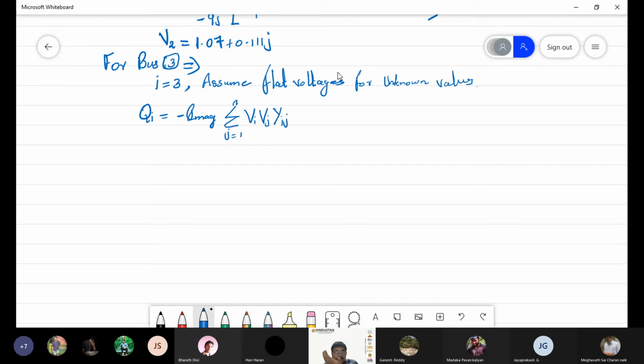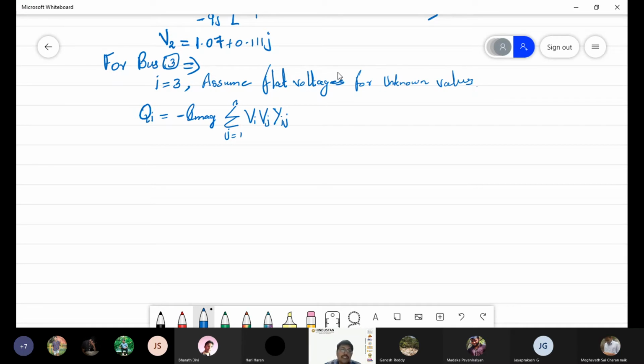Listen, the formula is from the normal Ohm's law, whatever we get from V is equal to I into R, from that only it was derived. You know the power formula we can write as V square by Z, therefore V square into Y also we can write, because Z goes to the numerator. I hope we derived this earlier.